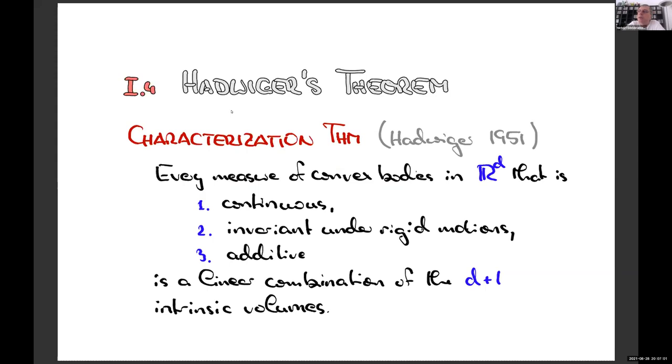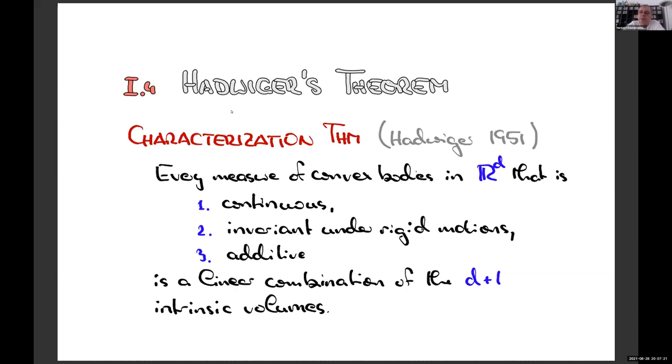Additive means that for the union of two bodies, the measure is the same as the sum of the measures minus the measure of the intersection. So all these measures that have these properties 1, 2, 3 are linear combinations of the intrinsic volumes.